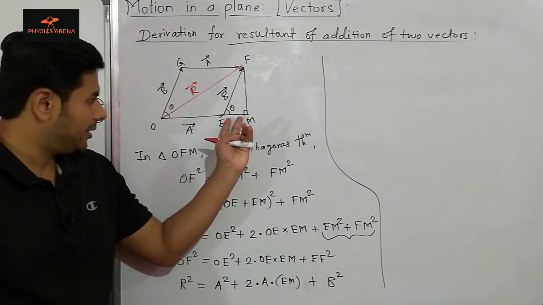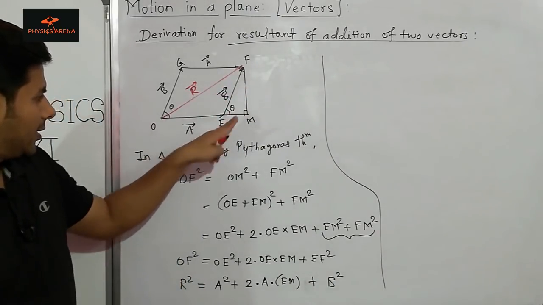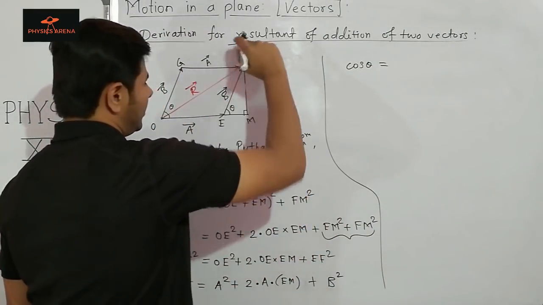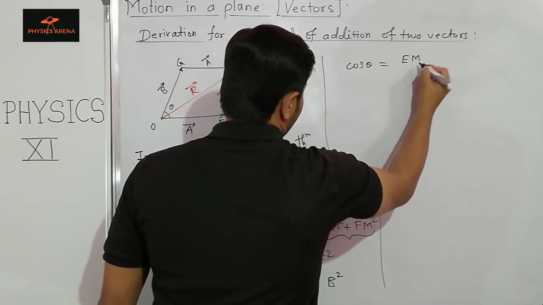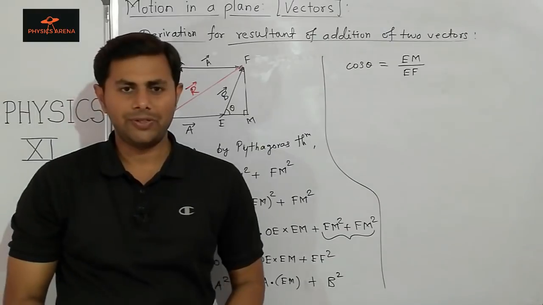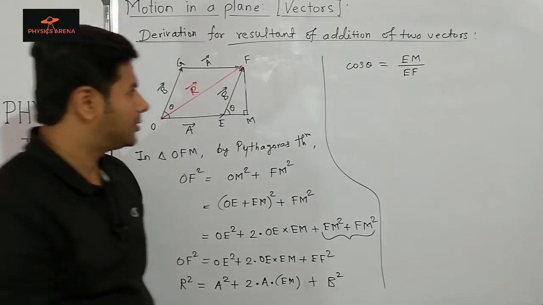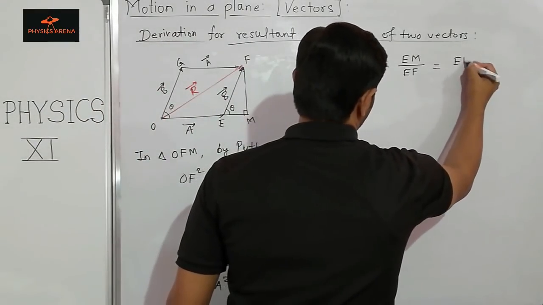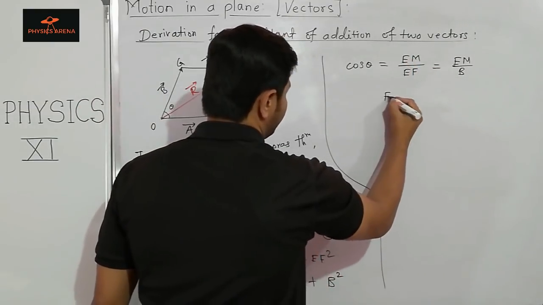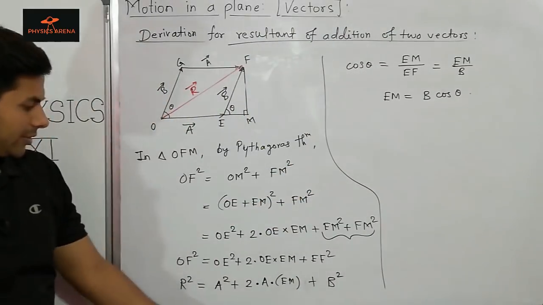Then we have to find EM in terms of A or B. We can see here that in this triangle, cos of theta is EM divided by EF, adjacent side divided by hypotenuse. This EF is the magnitude of B, so this is EM divided by B. Therefore I can write EM equals B cos theta. Let's substitute it here.